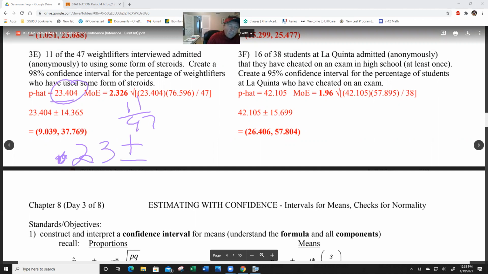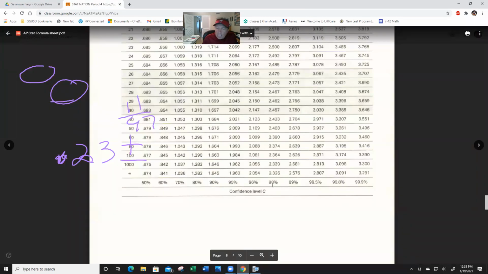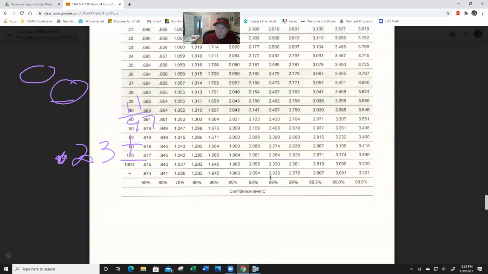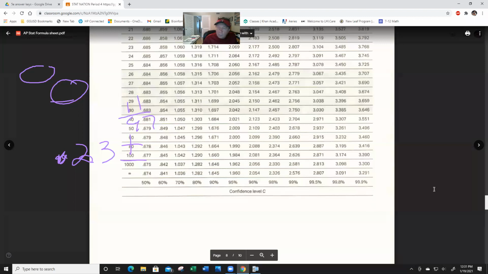We're going to be off a little bit, plus or minus. 98% confident. I don't memorize that one. So let me go to this, go to 98%, and it's 2.326. You see it right here, 2.326. Okay? All right.